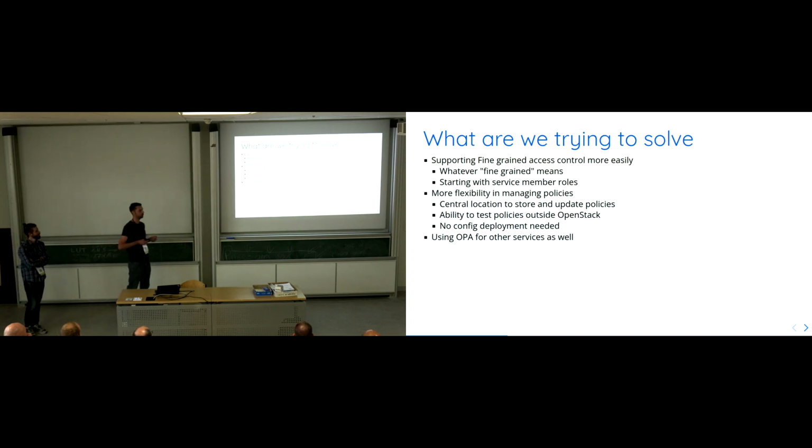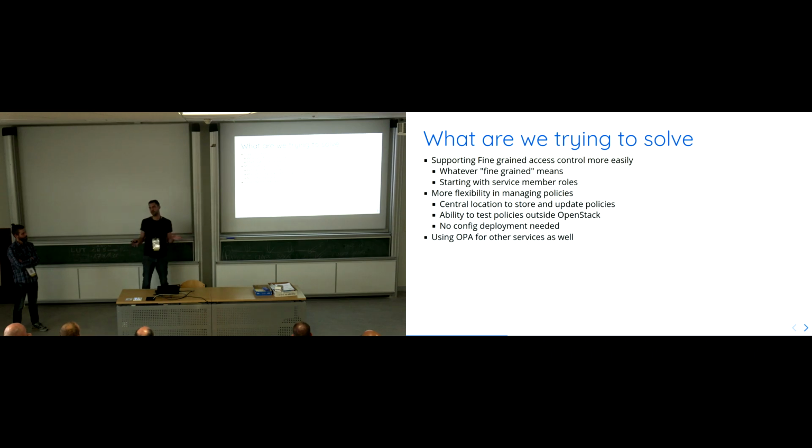What I call service member roles is having a role that only allows compute operations, a role that only allows block storage operations, so like a role per service. Nothing so complex, but that was our first goal, and we said, in order to be able to provide even more complex fine granularity in the future, we want a framework to do that more easily, so to have more flexibility in managing the policies.